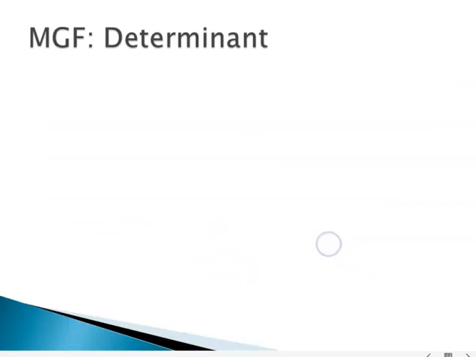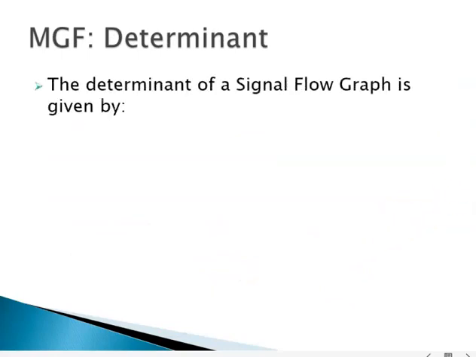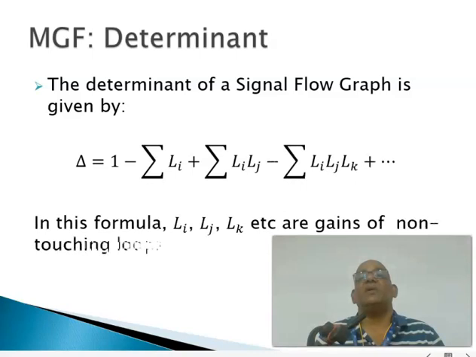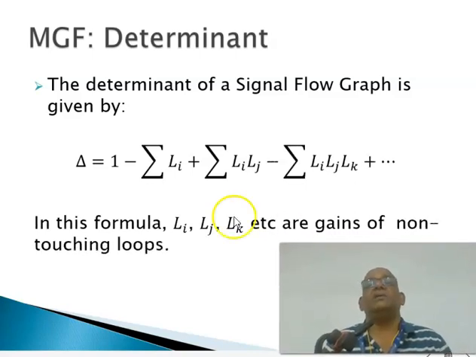So we try to define what we mean by the determinant of a signal flow graph. Though it appears formidable, the determinant is very simple. It is 1 minus the sum of all the loops, plus the sum of products of non-touching loop combinations taken two at a time, minus the sum of products of 3 non-touching loop combinations, and so on.